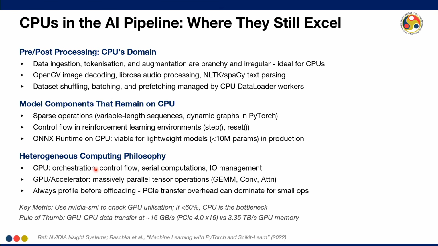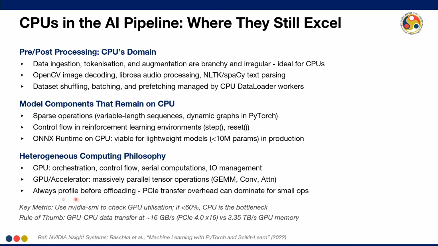And that's where heterogeneous computing comes in. In GPU, we are very good at matrix multiplication, GEMM, general matrix multiplication, MAC operations, thousands, millions, billions of parallel such operations. But CPUs are good at orchestration, control flow, serial computation, data augmentation, IO management, and so on.